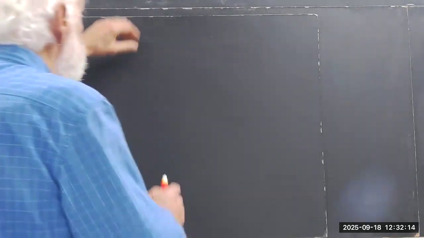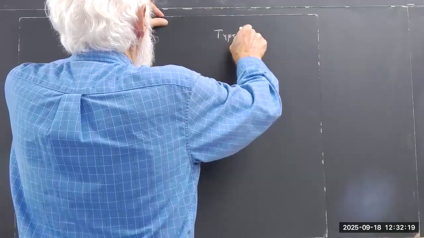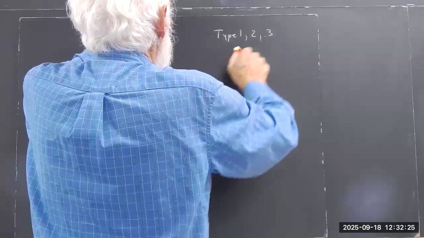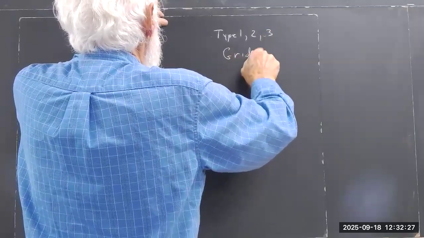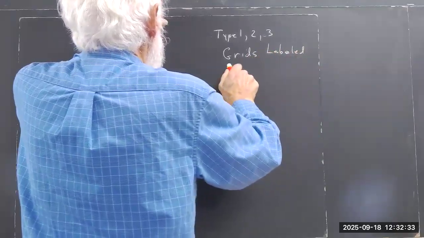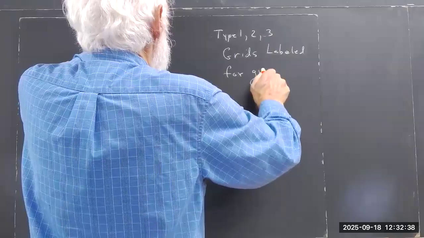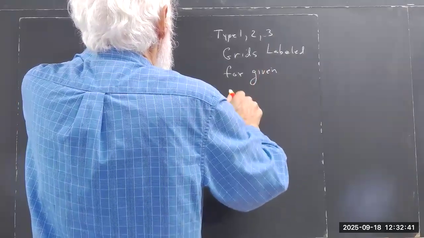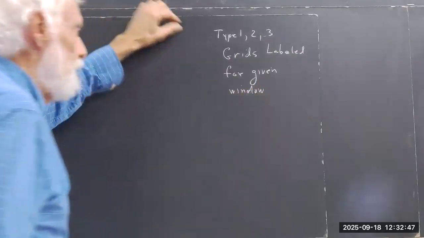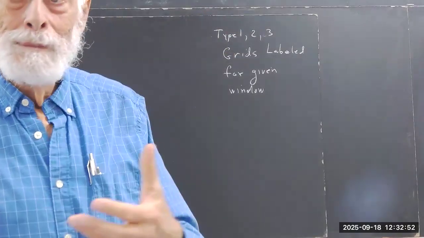Should be obvious, but be able to do type 1, type 2, type 3 grids with labeling for a given window.